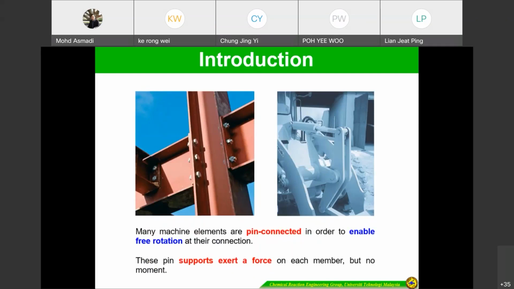On the right side is an excavator front loader, and the left side is a truss. A pin support exerts a force on each member, but no moment. If a moment is included, we also calculate the moment, which is force times distance.